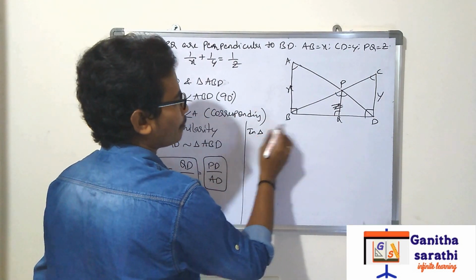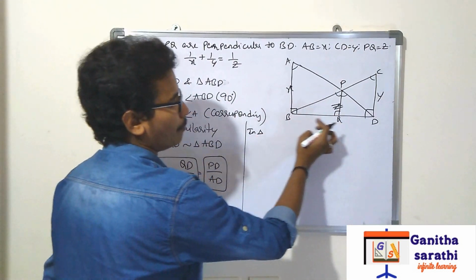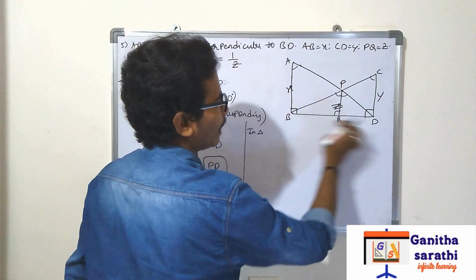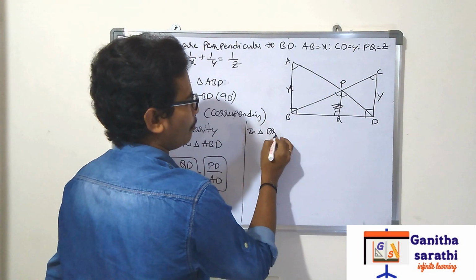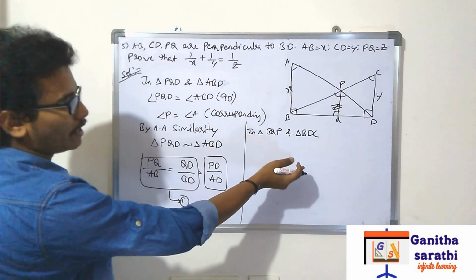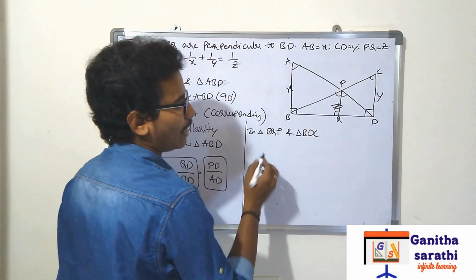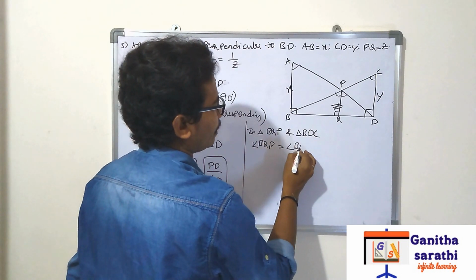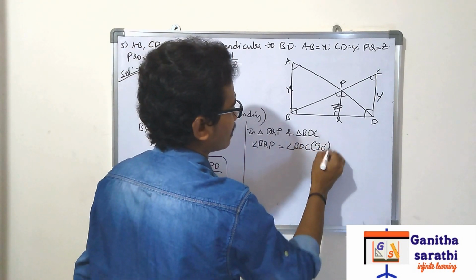Here also you can find two triangles, BQP and BDC. In triangle BQP and triangle BDC, the same process continues here. Angle Q and angle D are right angles, right? Angle BQP is equal to angle BDC, that is how many degrees? 90 degrees.